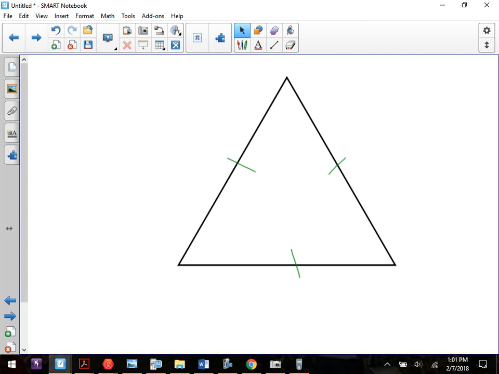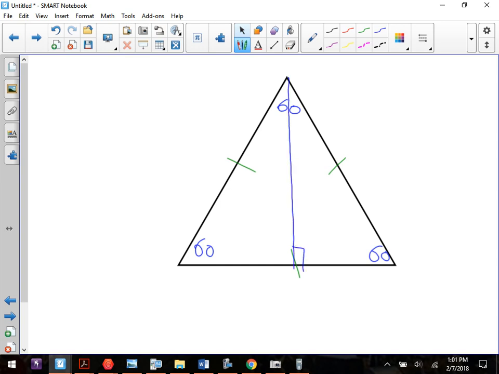And what will all the angles measure? 60. 60. Good. So if I know that all my angles inside of this are going to be 60, when I draw what's called an altitude to the side opposite, it's perpendicular to it. And if you remember, the altitude of an equilateral triangle bisects the side that it hits.